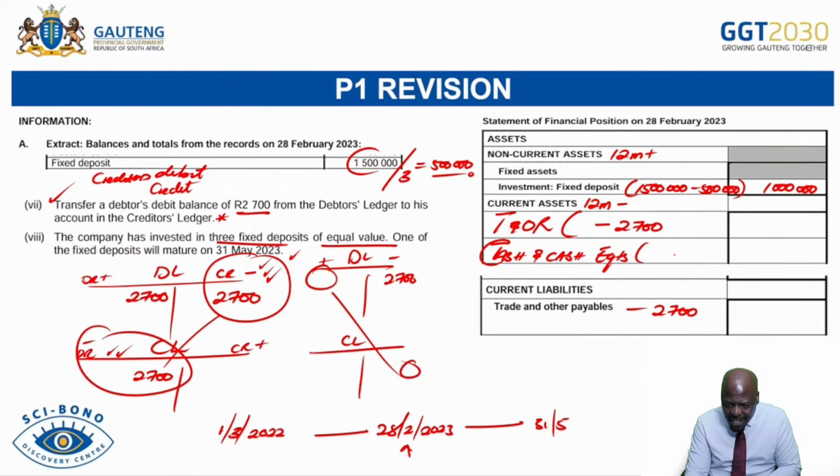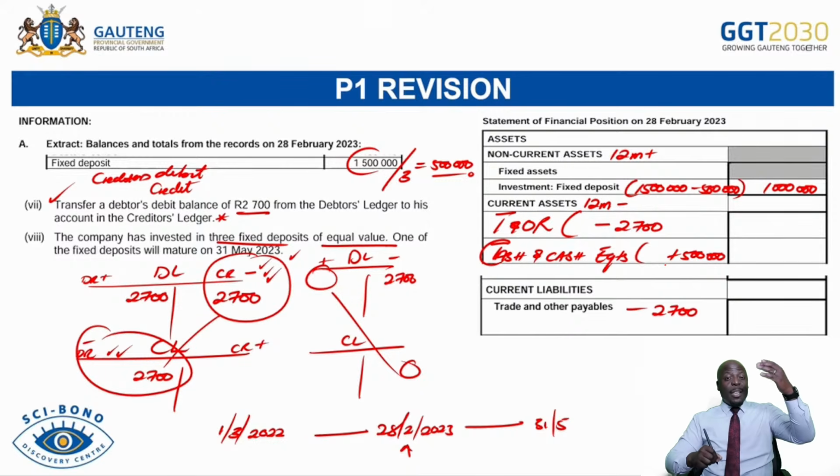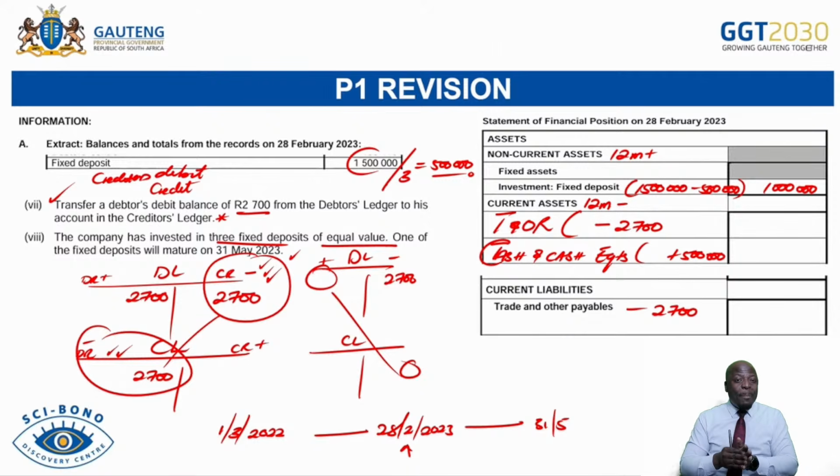You open bracket and then you say plus 500,000, because it is an investment that is going to mature within the next 12 months. So within the next 12 months, it will no longer be a non-current asset. It will become a current asset. So that is what we do over there. Okay, so these were two adjustments that we did which pertain to our statement of financial position.